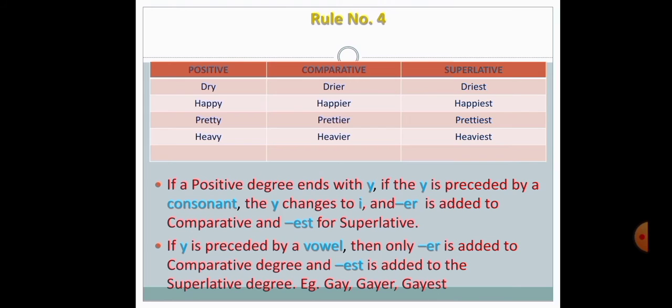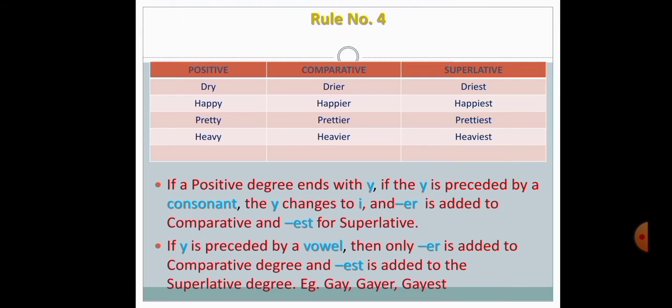If an adjective ends with y but is preceded by a vowel, then what should we do? Don't remove the y, don't include I, just add er and est to the adjective. That's it.